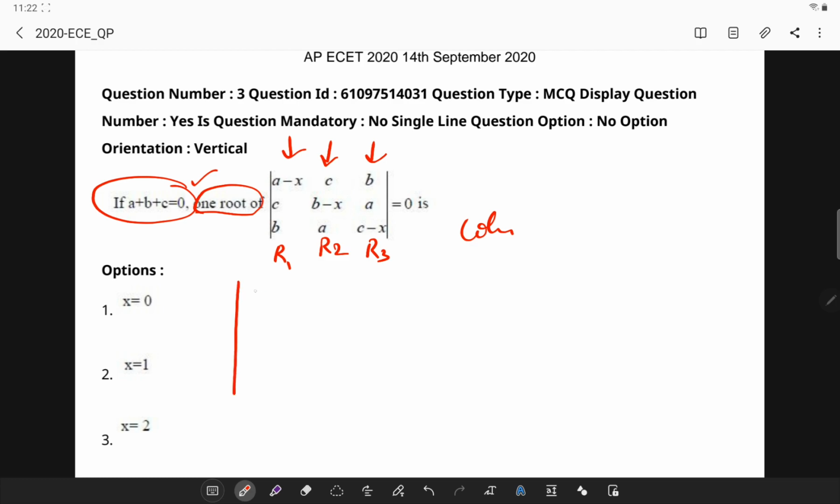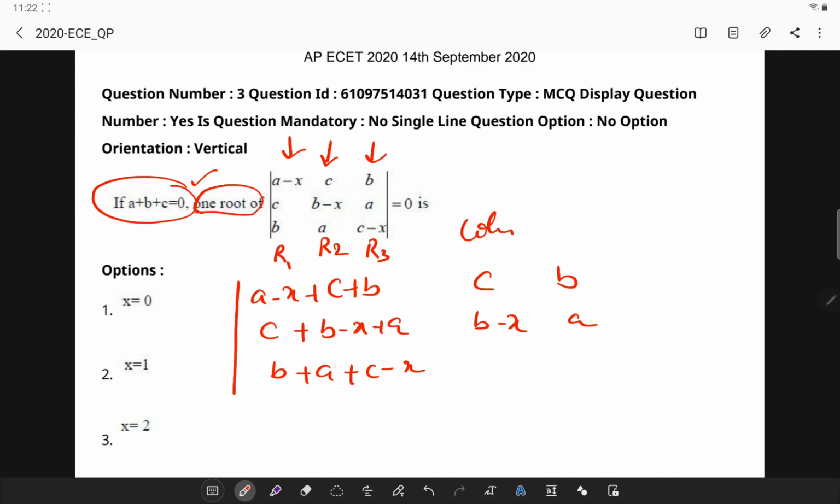So the operation will be something like a minus 6 plus c plus b, c plus b minus 6 plus a, b plus a plus c minus 6, and I'll be left with the other rows. So simply R1 plus R2 plus R3. R2 and R3 are added to row 1.